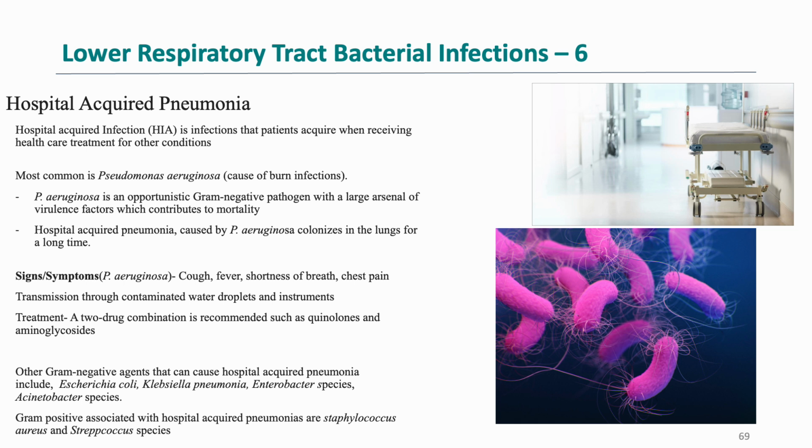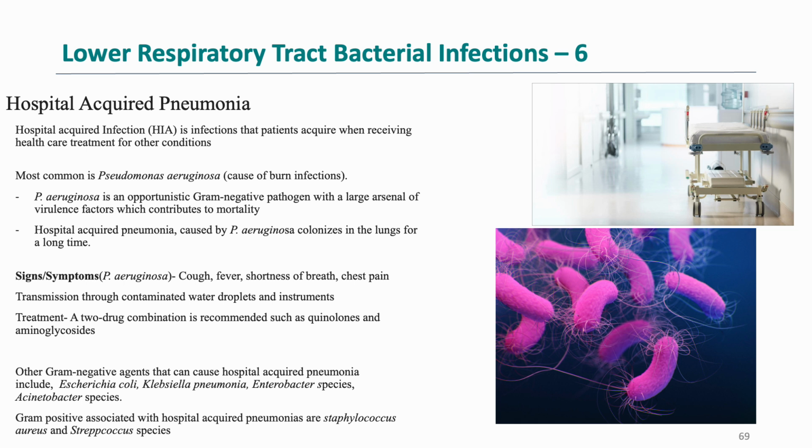Okay, so hospital-acquired pneumonia is a hospital-acquired infection, and a hospital-acquired infection is an infection that patients get when they are receiving healthcare for something that they already went to the hospital for, and then they get an infection while they're at the hospital. The most common cause of hospital-acquired pneumonia is Pseudomonas aeruginosa, which is a cause of burn infections.